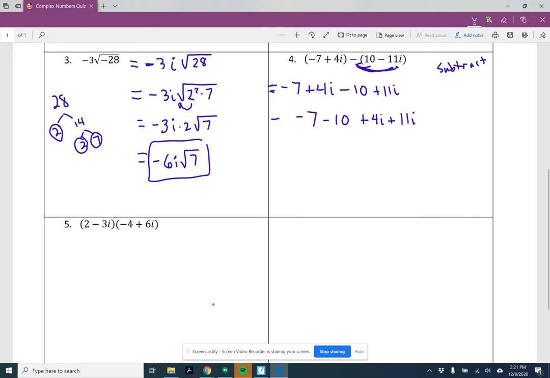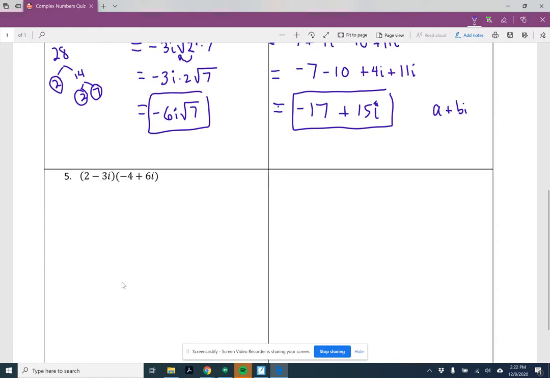Combine the like terms. Negative 7 take away 10 is negative 17. 4 plus 11 is 15. But 15i. Notice how we're treating the i like a variable, even though it's a number. And there's our answer. Now notice the order. Standard form for a complex number is a plus bi. The i term goes last.